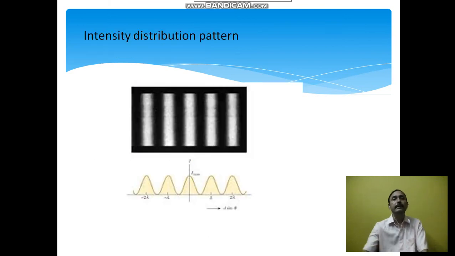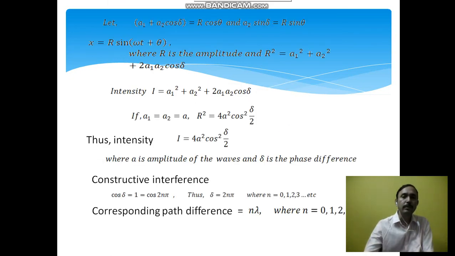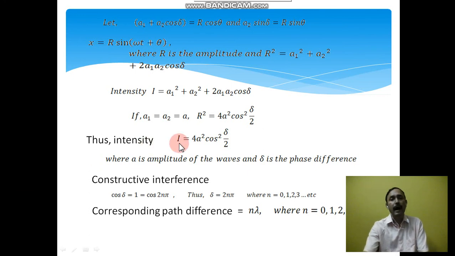Now this is the intensity distribution pattern. So these are the bright fringes and the dark spots are the dark fringes. Now come to the intensity formula. I is equal to 4a square cos square delta by 2. If we write this delta by 2 is equal to phi, say, then 4a square cos square phi. So phi is equal to 0 means the intensity will be 4a square.